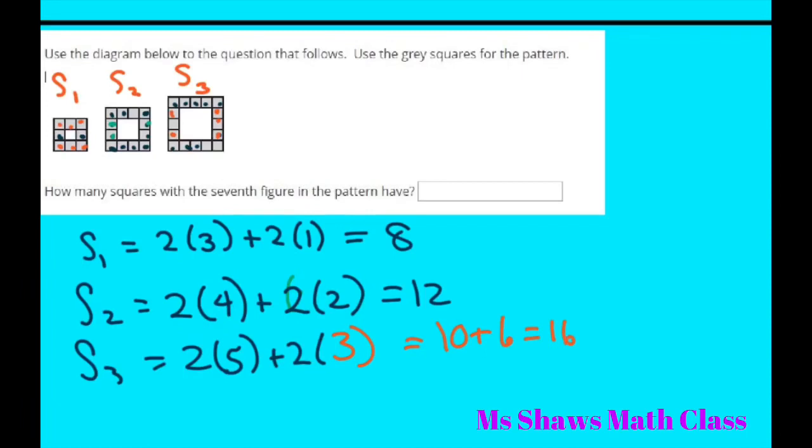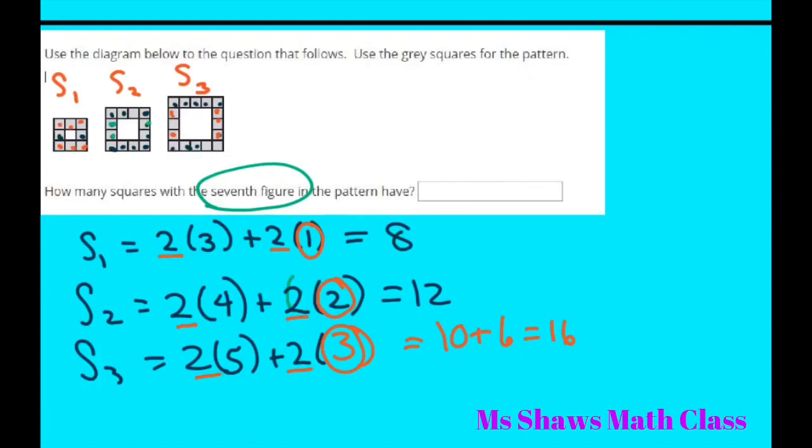If you look at this, I have to do stage 7. If you notice in our pattern, these are the same, and stage 1, stage 2, and stage 3 have these numbers.